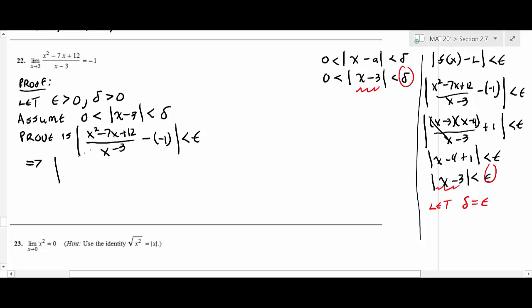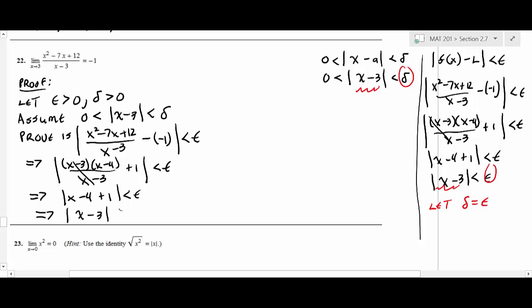Okay, so when you factor this, you would have (x minus 3)(x minus 4) over (x minus 3) plus 1 is less than epsilon. Okay, that would lead to x minus 4 plus 1 is less than epsilon, which would end up with the absolute value of x minus 3 is less than epsilon. So that's what you're trying to prove.